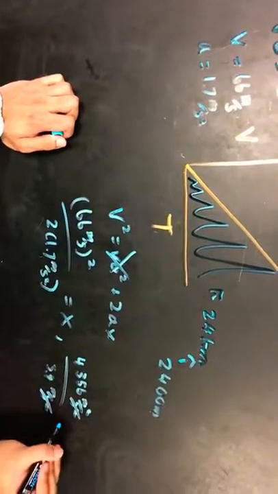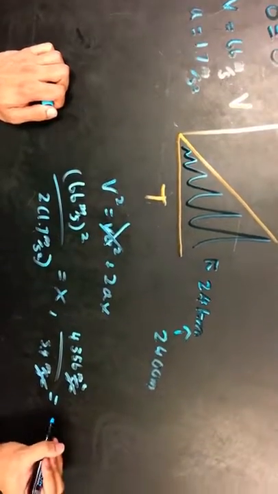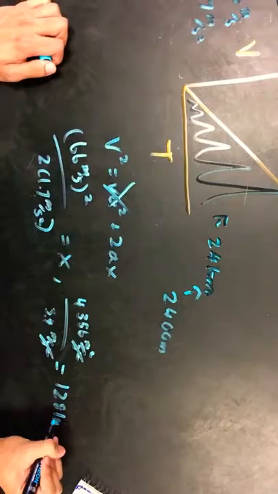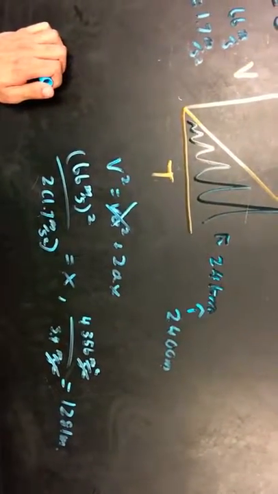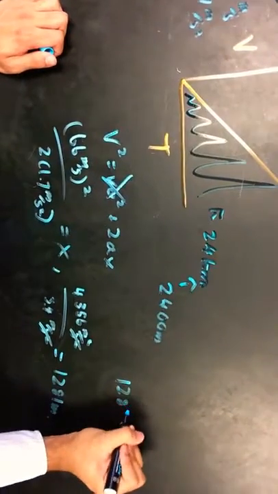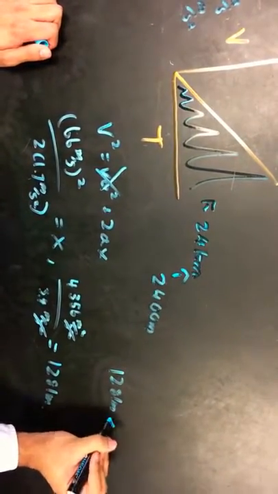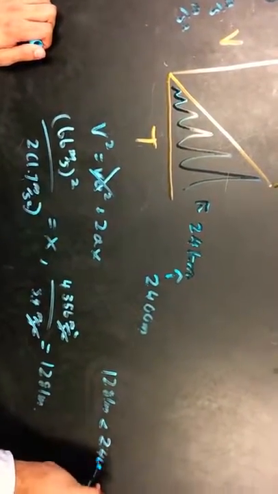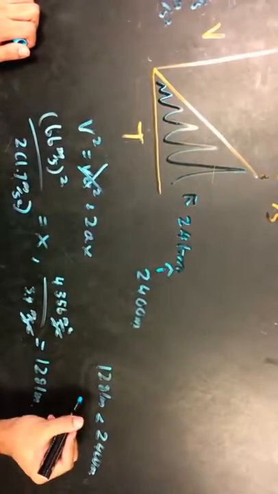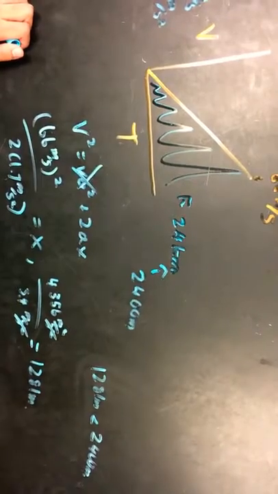Sig figs aren't too important here, and then we can make it equal to 1281 meters. We know 1281 meters is a value that is less than 2,400. Therefore, we can safely assume that it will travel the runway safely.